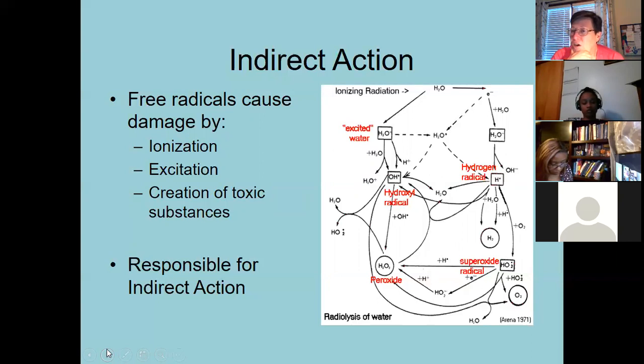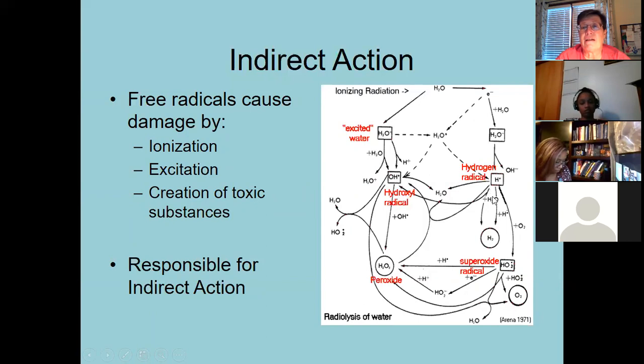So how does it cause damage? Well, it's interacting with other atoms. It's creating ionizations, it's creating excitations, but it's also creating toxic substances. So here's another illustration of the radiolysis of water, where the excited water, that's the charged ions. And here we have a hydroxyl free radical. Well, if that hydroxyl free radical joins with another, we can produce peroxide.